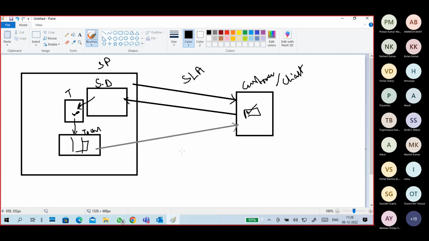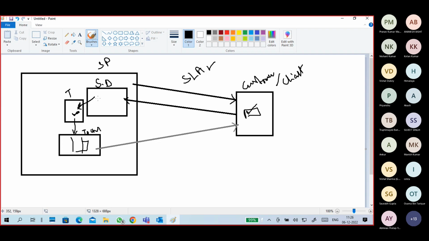Okay, there can be different types of customers, but try to understand the service provider, the customer, and the SLA, service level agreement. If a customer requires information, is reporting an issue, or needs a change of services, he will approach the service desk.